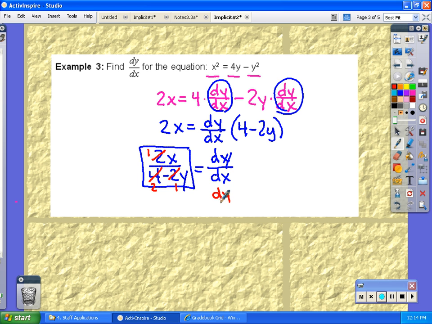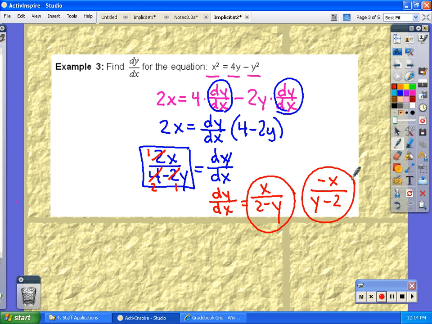So the final answer, dy over dx, is 1x over 2 minus y. And that's your final answer. Of course, any equivalent answer, if you had negative x over positive y minus 2, that's the same thing. So be aware that all equivalent answers will be accepted.